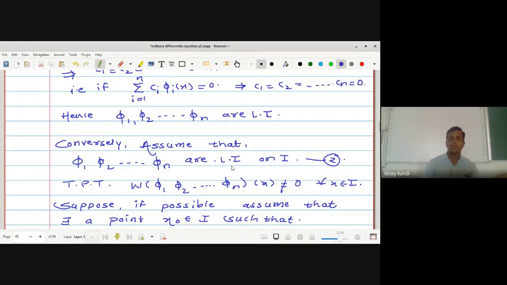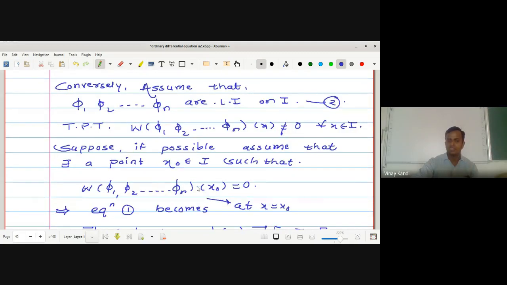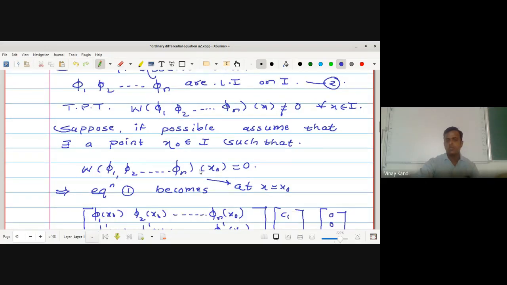But here we get phi 1, phi 2 are linearly dependent. Why? Because we assumed that there exists a point x naught belongs to I such that the Wronskian at point x naught is equal to 0. Therefore, this statement is wrong. Which statement? The Wronskian at point x naught is equal to 0 is wrong. There does not exist any such point x naught belongs to I. Hence, the Wronskian at any point x is not equal to 0.